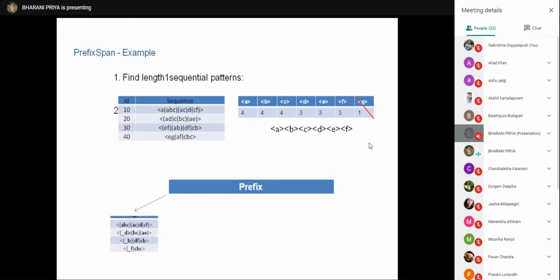Now with A as a prefix, the first one, what are the items you are getting? ABC, AC, D, CF.